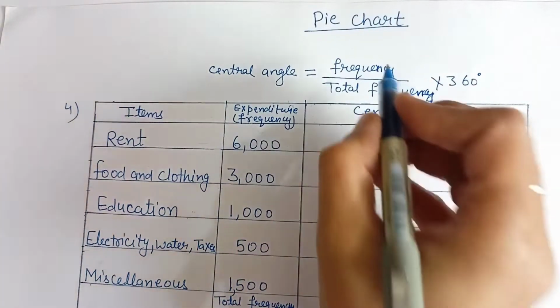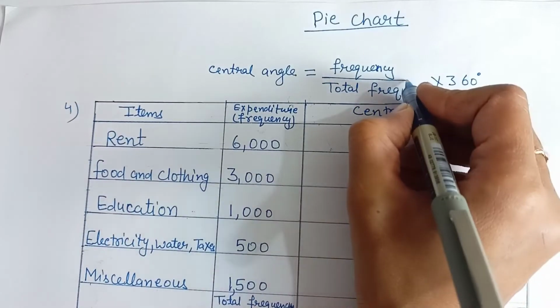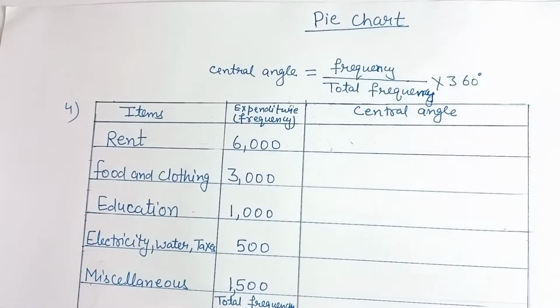This is the formula, frequency upon total frequency multiplied by 360 degree.